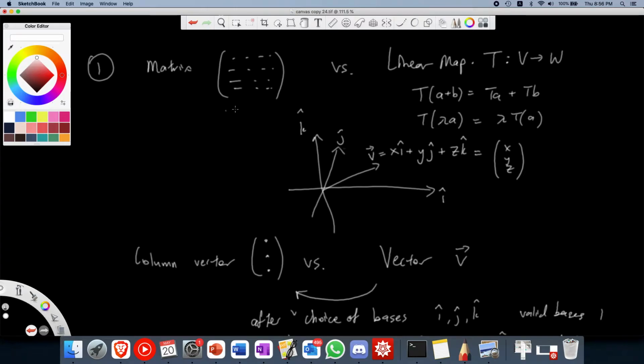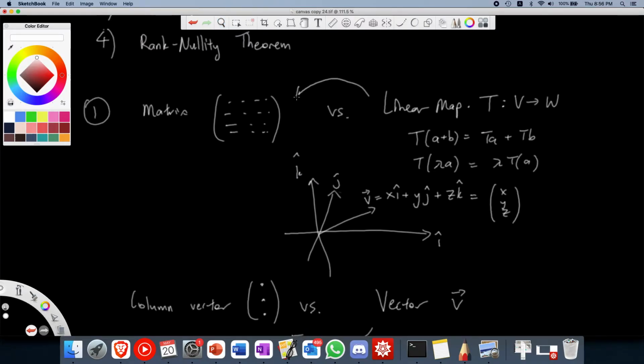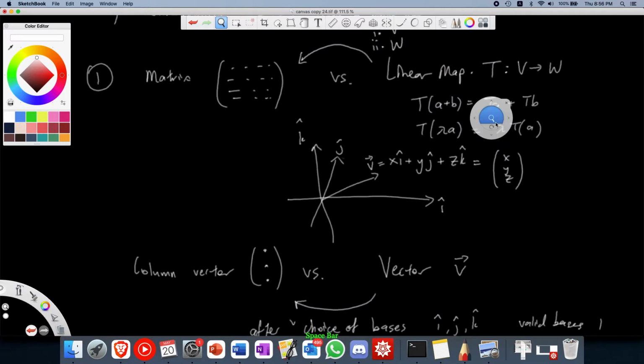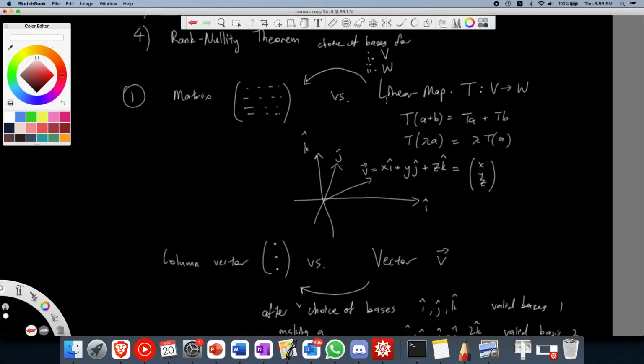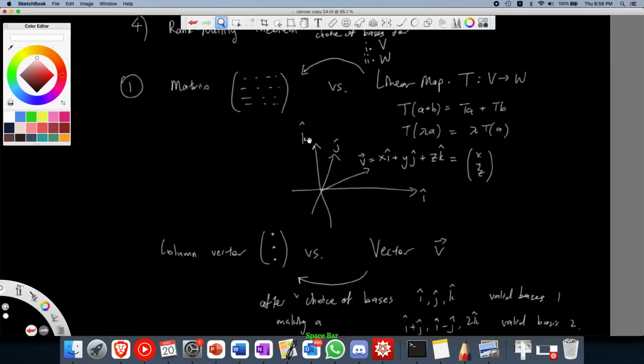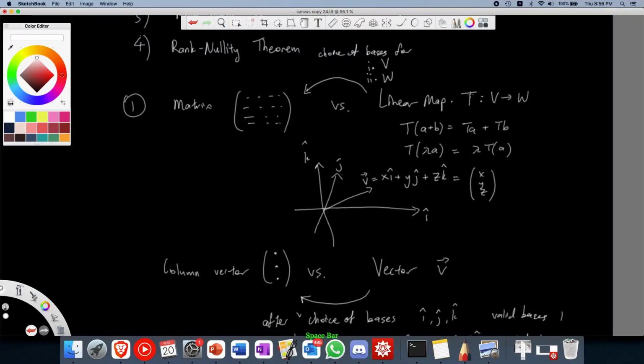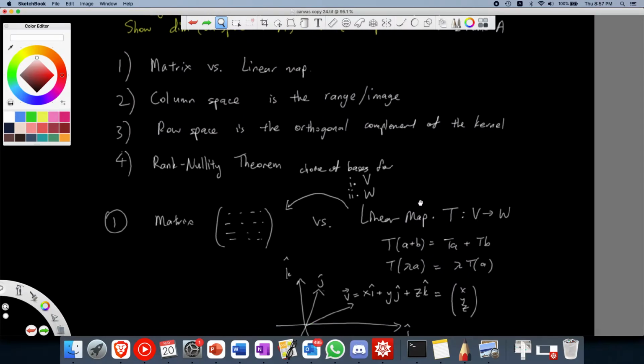To go from a linear map to a matrix, you make a choice of basis for number 1, V, and number 2, W. In essence, to go from a vector to a column vector, you need to make a choice of basis, and to go from a linear map to a matrix, you need to make a choice of basis for the two vector spaces involved, the domain and the codomain. So there's a difference between a matrix and a linear map.